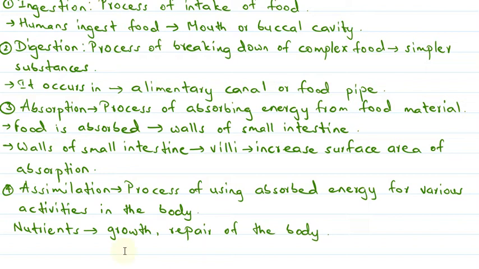Now the glucose part of the food gets oxidized in the cells and releases carbon dioxide, water vapor and energy, and this energy is used for performing all the various body activities. Okay, so this is the process of assimilation. Then the final process is called egestion.